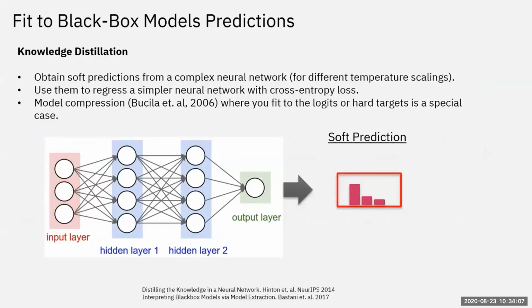The softness, so to speak, can be altered by tuning a temperature parameter that most of these complex neural networks have when you output. The idea is then, rather than fitting the simple model to the original labels, you fit it to these soft predictions. Like you can see down here, you have a neural network, then you get soft predictions, and now you fit to these soft predictions. A specific case of this is model compression, where you actually try to fit to the hard labels. This has also been shown to improve simple models in some cases.